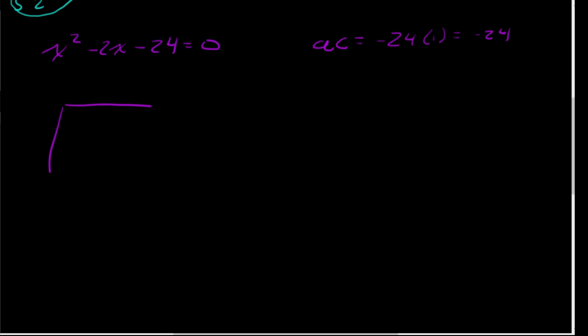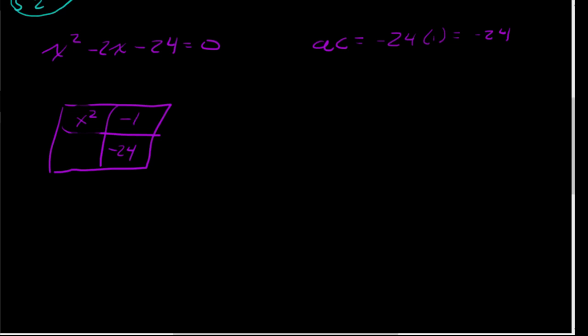And so now when we make our box, we have x squared and negative 24 here. Now we're thinking of things that can multiply together to be negative 24 and add up to be negative 2.